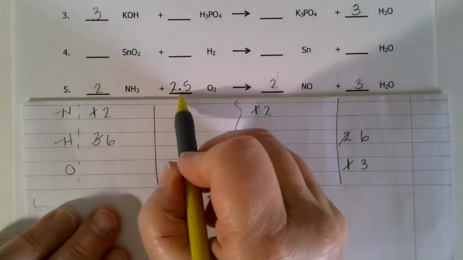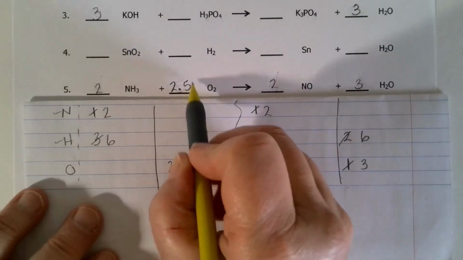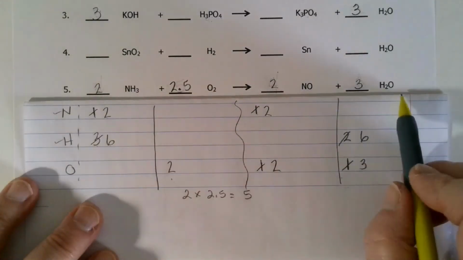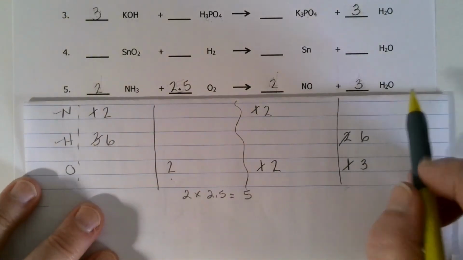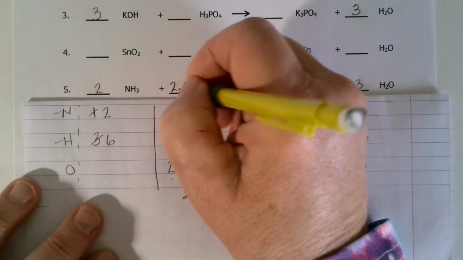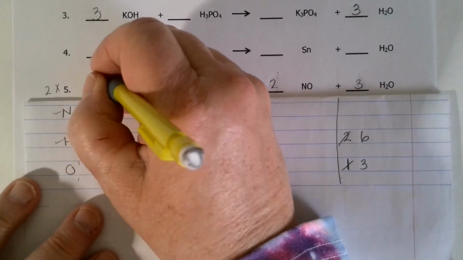But I do know that 2.5 tells me, because this is like a half, if I would take everything of these times 2, it would balance out. So I would take all my coefficients times 2.